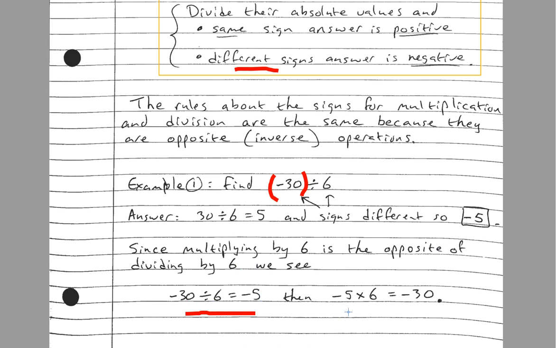If you multiply both sides by 6, negative 5 times 6 gets you back to negative 30.